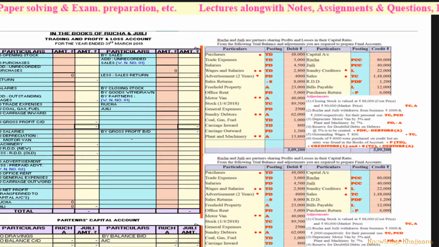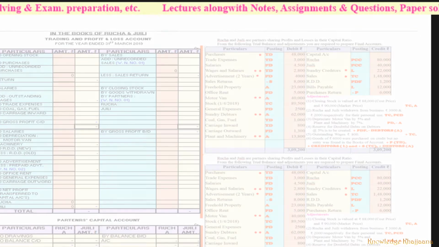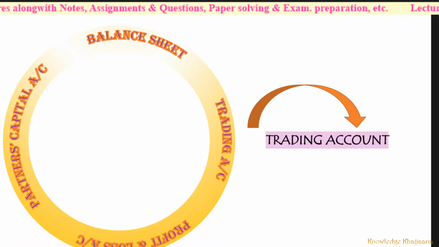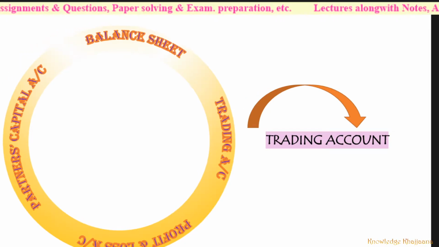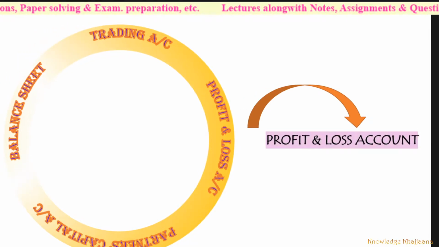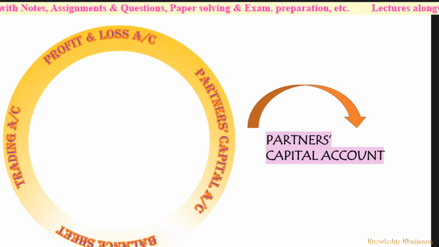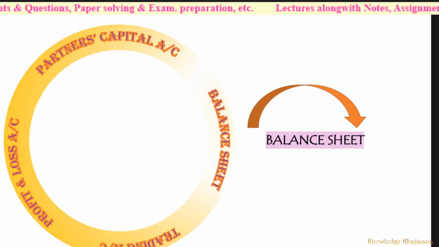Then below that start the profit and loss account, right? Below that start the partners' capital account, and below that the balance sheet. First we have to create the trading account, then the profit and loss account. Here we are creating the partners' capital account also. Then we have to create the balance sheet.